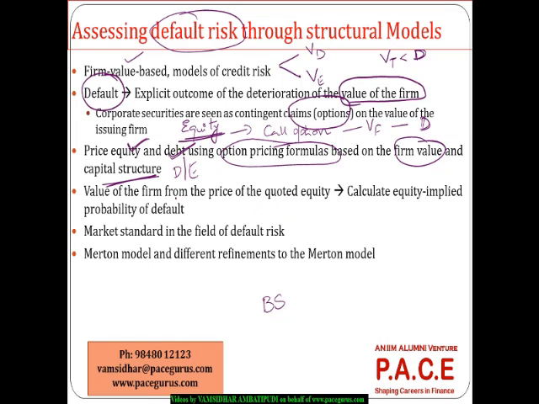There is a mechanism. So I can very well find out the value of the debt and the equity using the option pricing formula. Or if someone has already taken the equity from the market, right? So I can very well find the value of the firm from the quoted equity from the market. And based on that, I can even compute the probability of default as well. We'll take an example slightly later.